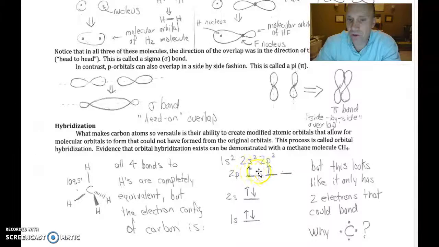So how is it that we have a configuration like this, which looks like we would only be able to pair up 2 of these electrons, when we know that carbon makes things that can pair up with at least 4 different atoms? How do we get from this, where it looks like 2 of these valence electrons are already paired and 2 of them exist as single, to representing it as if all of these electrons are equal? It has to do with this concept of hybridization.